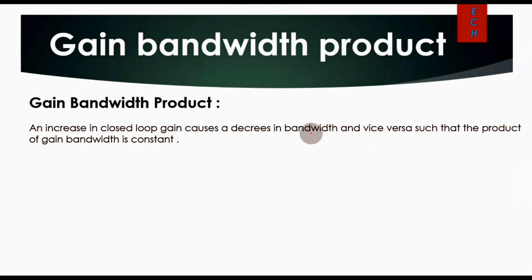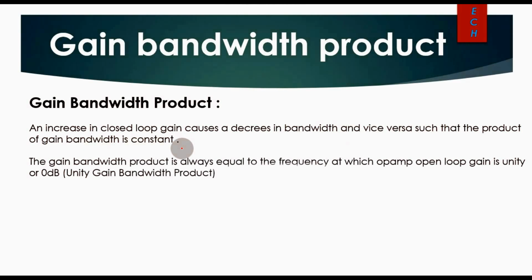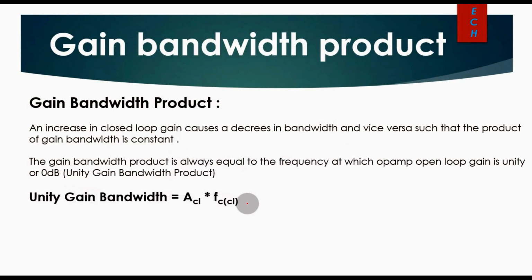So based on your frequency, you can design your gain such that the gain bandwidth product is always constant. The gain bandwidth product is always equal to the frequency at which the Opamp open loop gain is unity, 0 dB. So you already know this formula: unity gain bandwidth equals ACL times FC, the closed loop critical frequency.